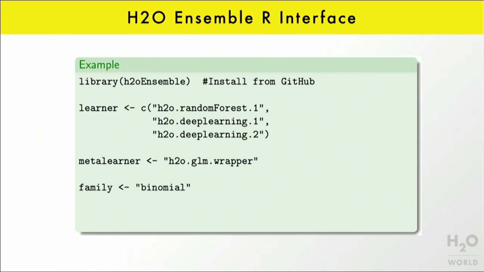Okay, before we get into the code, I'm just going to demonstrate at a high level what we're going to do. The library is called H2O Ensemble. What we need to do is set up what we call the base learner library. In this example I have 3 different learners, so this is a pretty simple example: 2 different deep neural nets and 1 random forest.